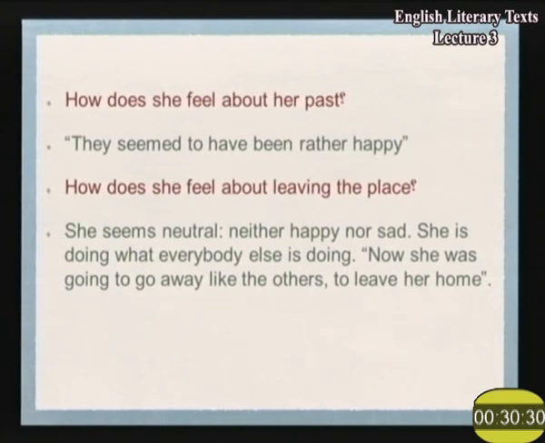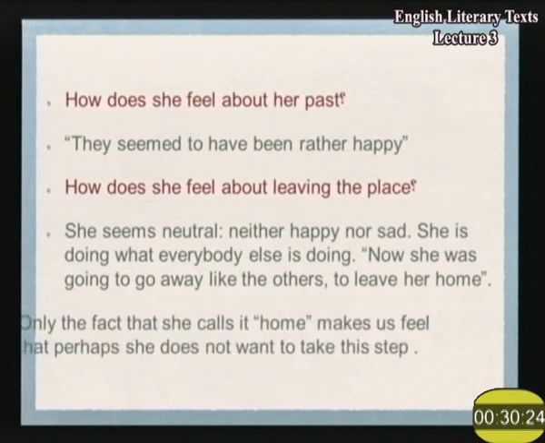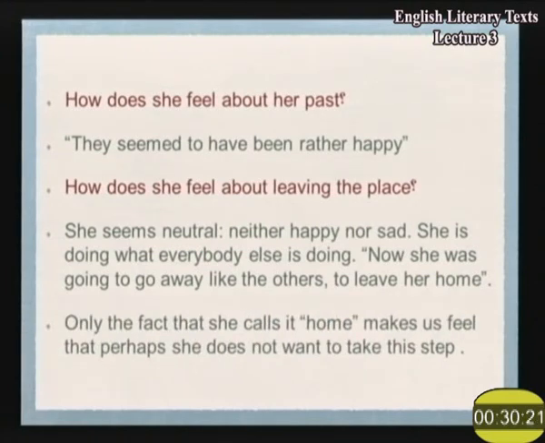Now she was going to go away like the others and to leave her home. Only the fact that she calls it home makes us feel that perhaps she does not want to take that step. She does not say now she is leaving Dublin, but she says now she is leaving her home.